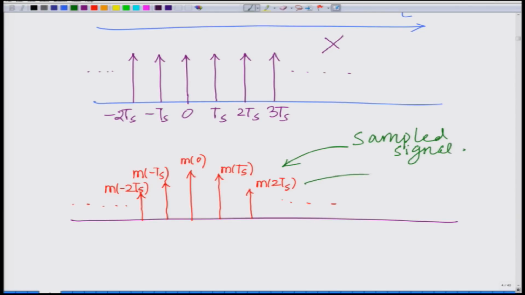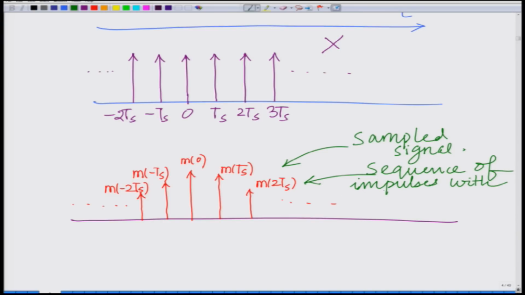Which is basically again your sequence of impulses. This is your sequence of impulses with the amplitude of the impulse, correct?